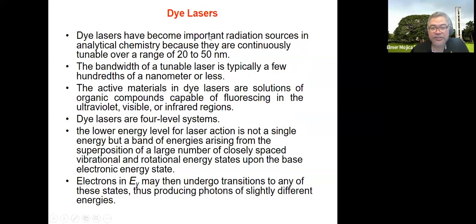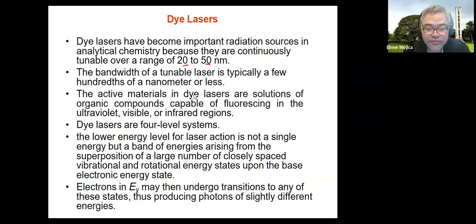Now, another group of lasers is the dye laser, and they have become an important radiation source in analytical chemistry because they are tunable over a range of 20 to 50 nanometers. Okay, so what does tunable mean? Anyone? So when you say tunable, you can adjust it.